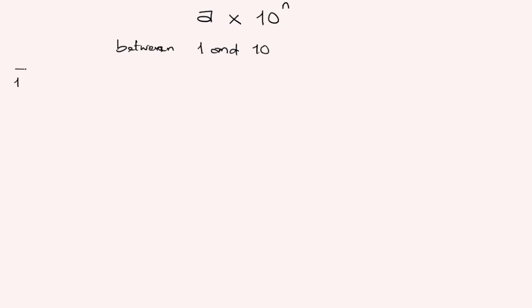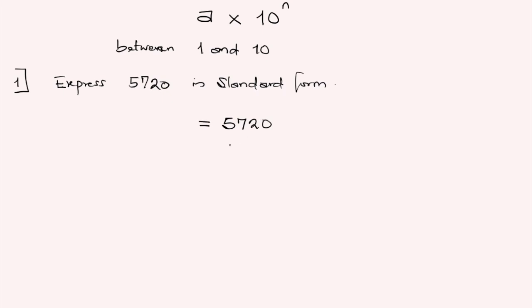So first example, if we're asked to express 5720 in standard form, I would advise that you write 5720 to the right of your equation to make it easier. What you're thinking about is, first we have to write a as a number between 1 and 10, and then multiply it by a power of 10 to give us 5720.